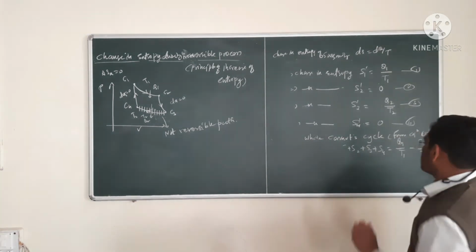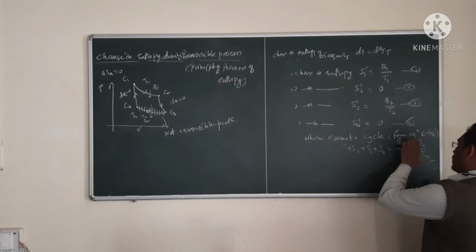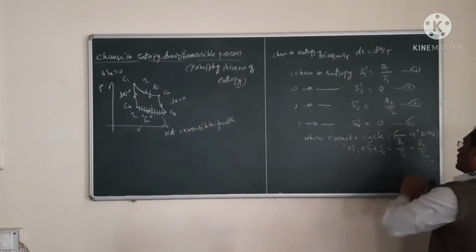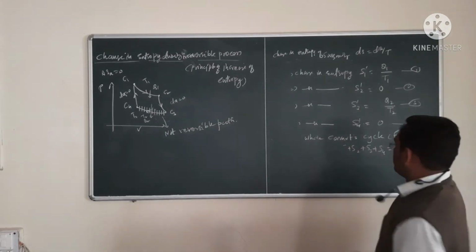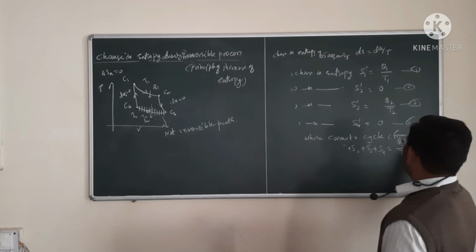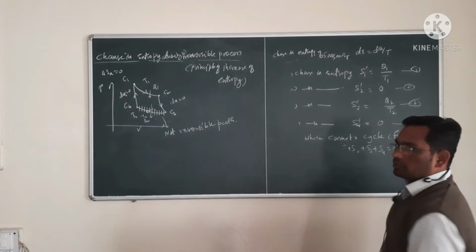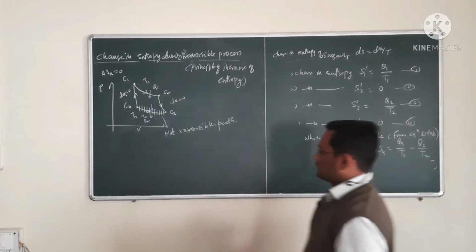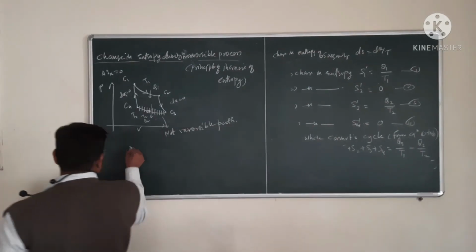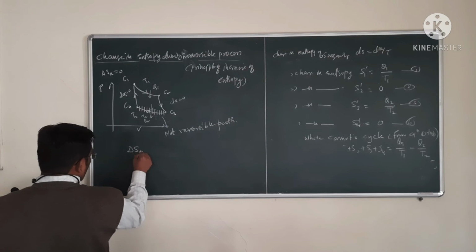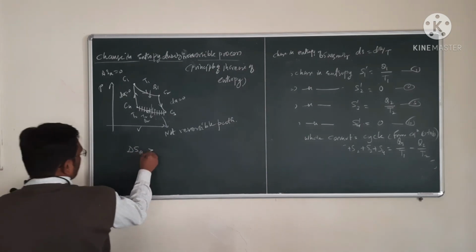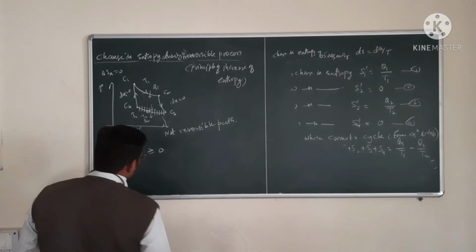Now here Q1 upon T1 is not equal to Q2 upon T2. That's why we can say Q1 upon T1 is greater than Q2 upon T2, not just positive. So in that case we can say delta S during IR, now IR represents irreversible process, is greater than or equal to 0.